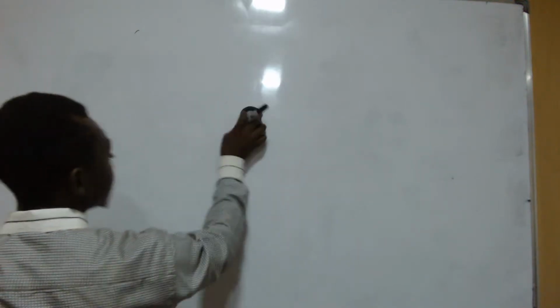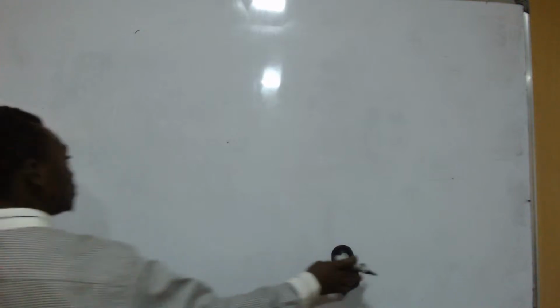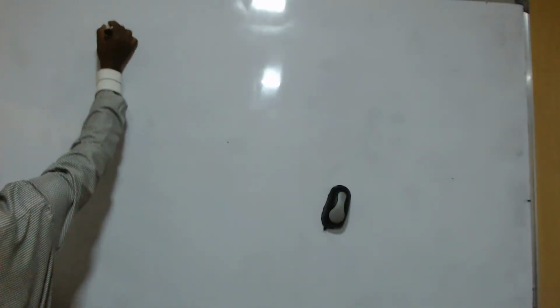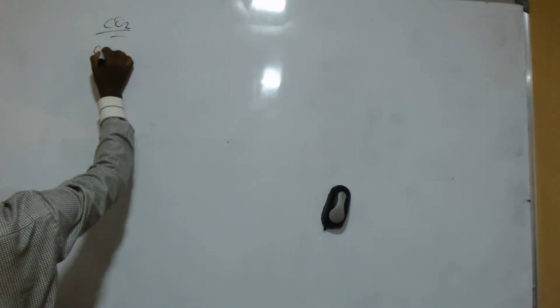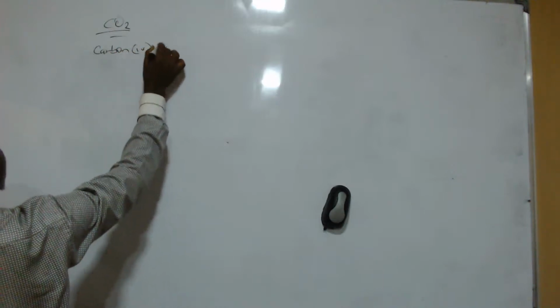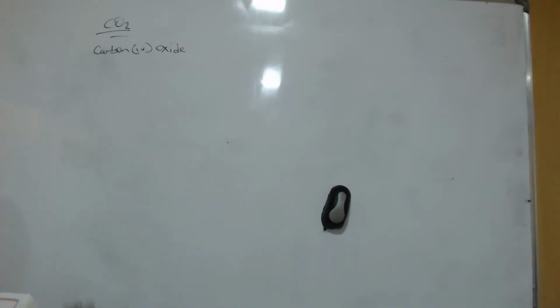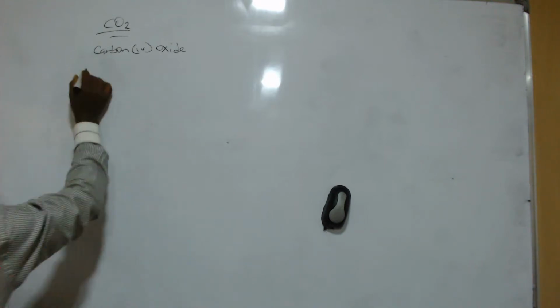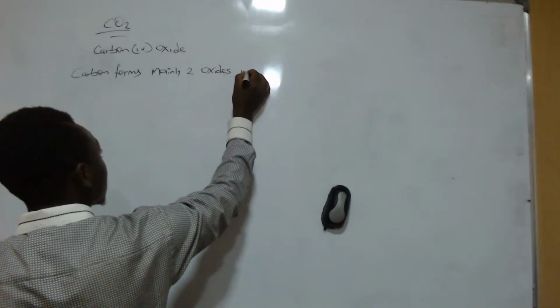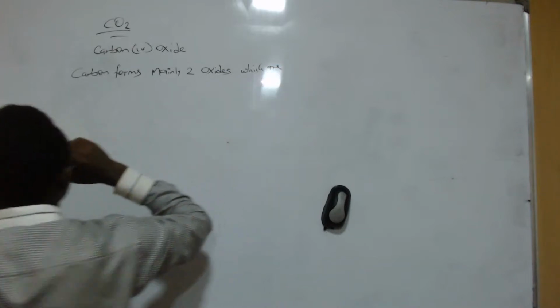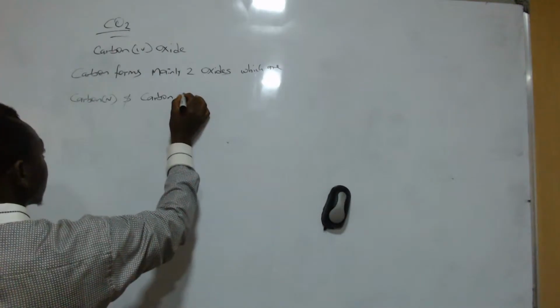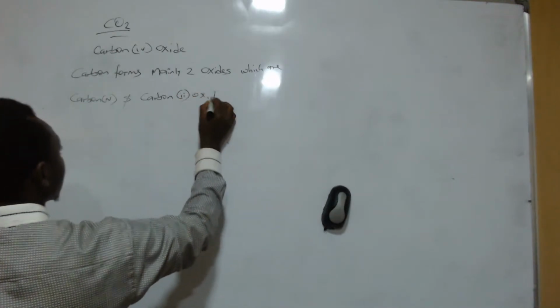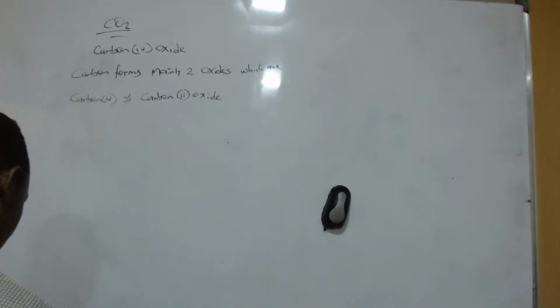Dealing with carbon 4. Carbon forms 2 important oxides, namely carbon 4 oxide and carbon 2 oxide.